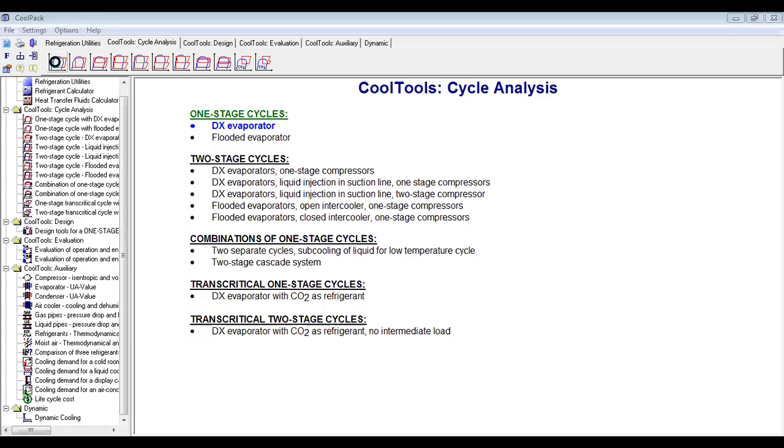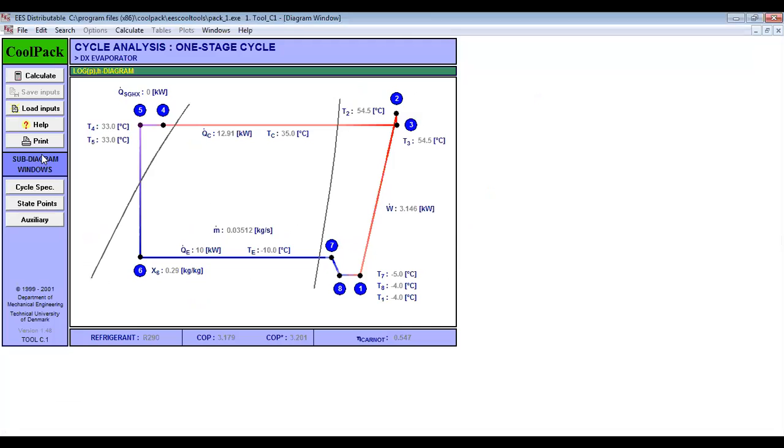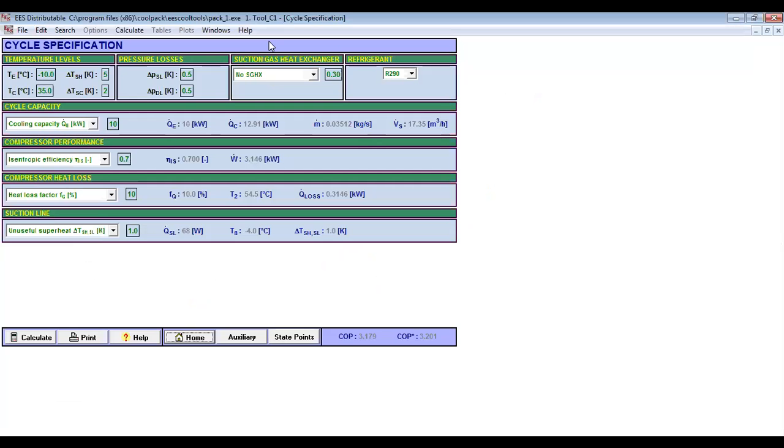Finally, this window appears. See cycle specification. I will share with you as well. See, compression isentropic efficiency. Can you see the cursor here? For this auto calculation, isentropic is considered as 0.7.